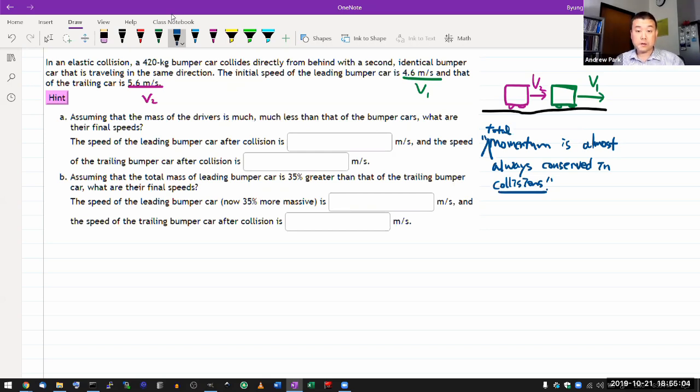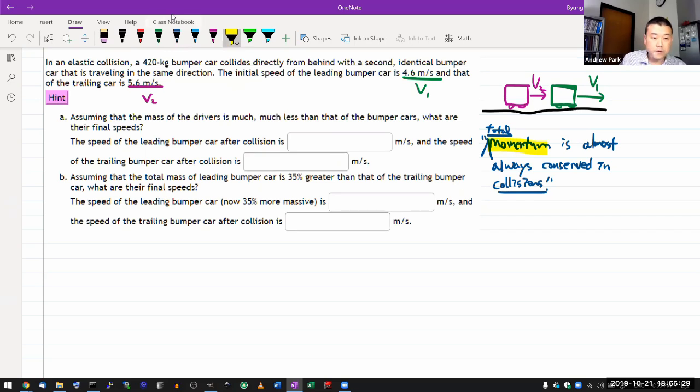But as long as you, that's why I inserted a total. As long as you're looking at total momentum, even when there's some interaction with the outside bodies, in a collision, typically the impulse due to the external forces will be negligible. So you can say that total momentum is conserved.